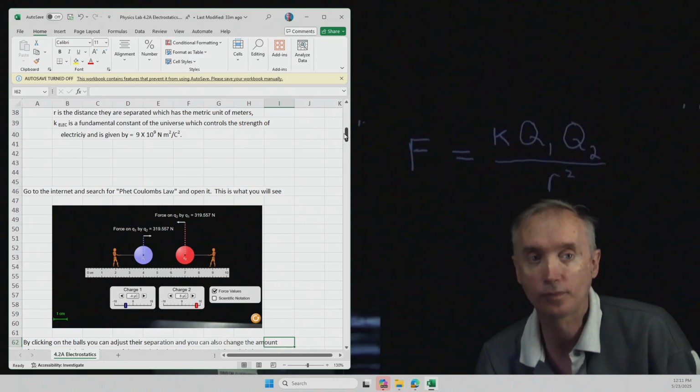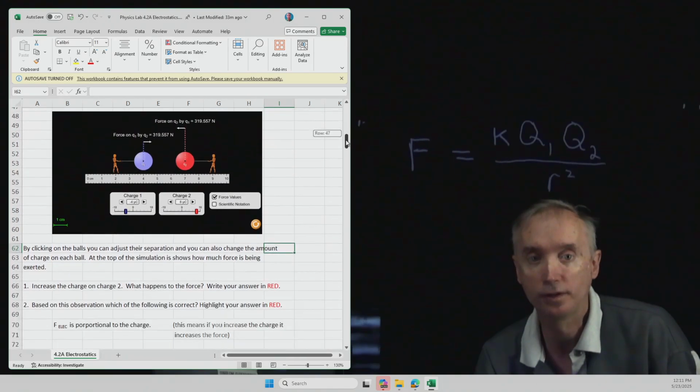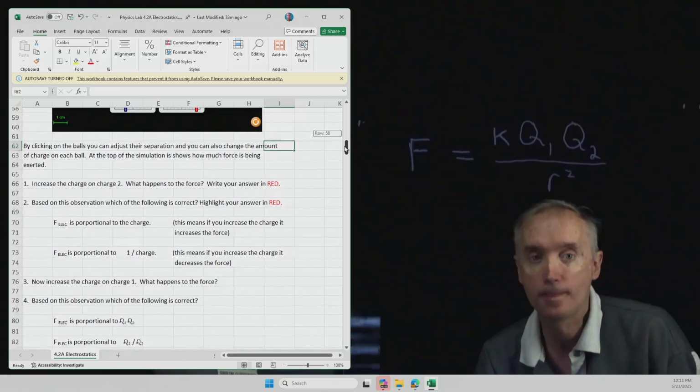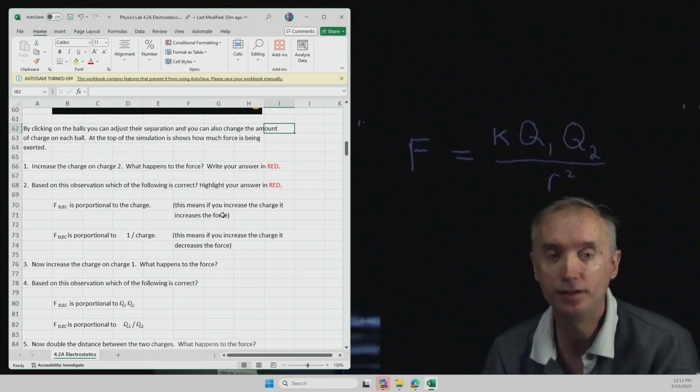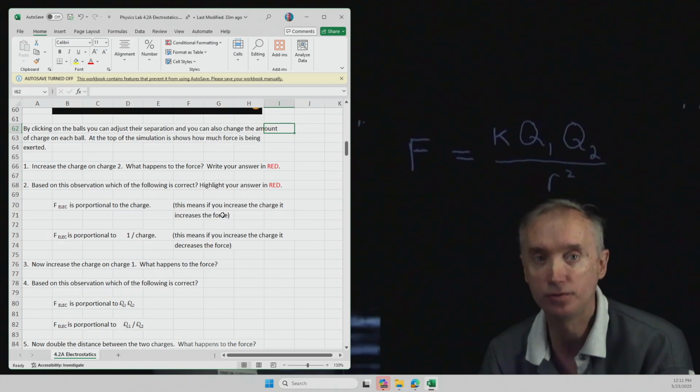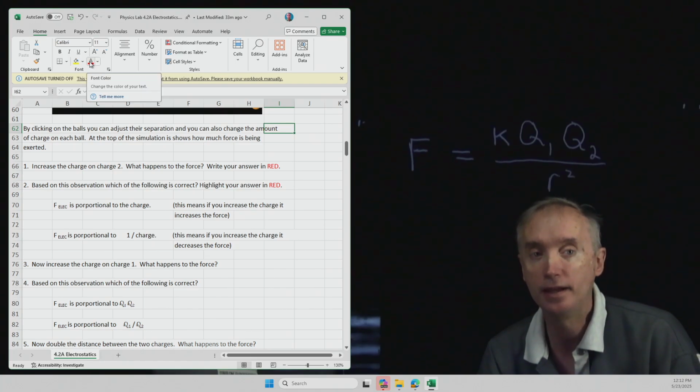and then let's go back to the lab. Okay, and then let's go down a little bit here. Now, anything that you put into the lab, I want you to make it in red. And the way that you do it is up here. You see where it has the letter in red. If you click on that, then anything that you write will be in red.